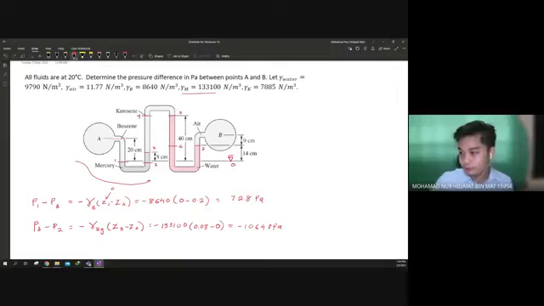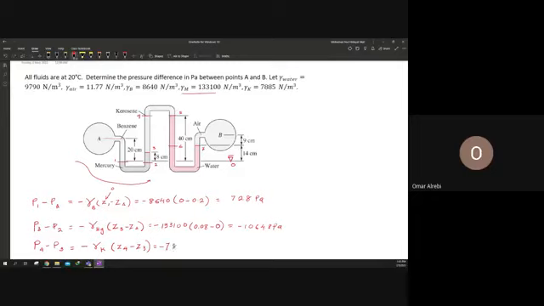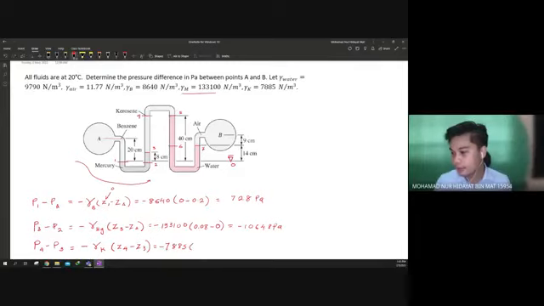Okay, now for point 3 to point 4. P4 minus P3. So, negative gamma of, this is the liquid kerosene. So this is kerosene. Z4 minus Z3. So negative kerosene is 7.85. Okay, Z4.